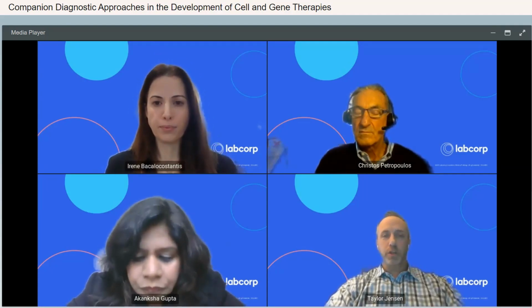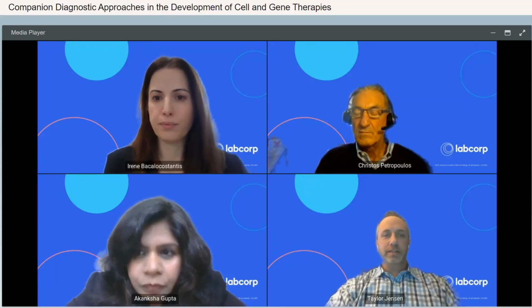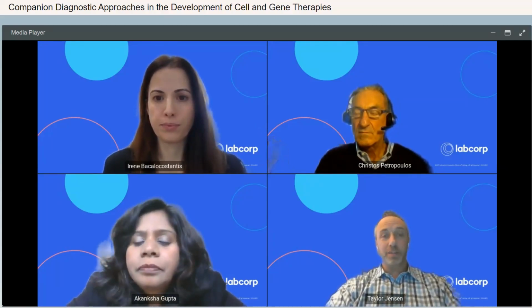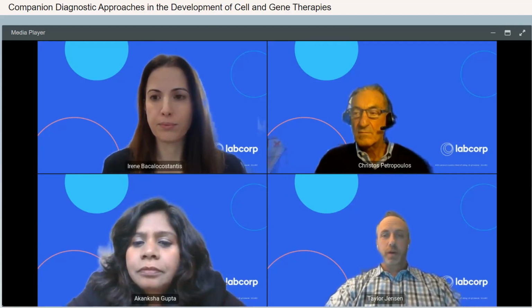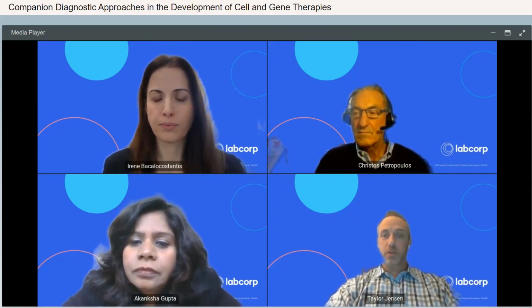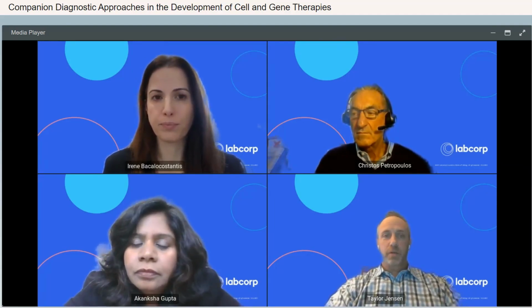Very small cohort, very much a proof of concept, but I think it sheds a little bit of light around some of the technologies that may be able to be used. So in that particular study, we used both a low-pass genome-wide next-generation sequencing assay to measure circulating tumor DNA, as well as droplet digital PCR to have a high-sensitivity assay for measuring the construct. And so that's one particular instance.